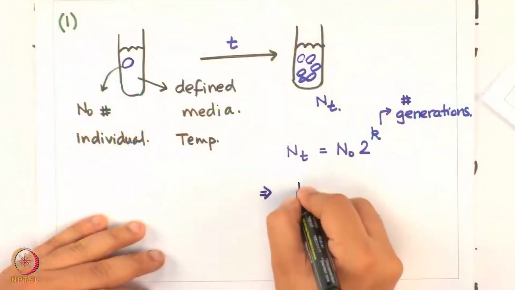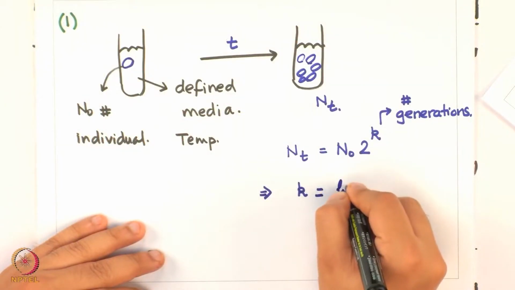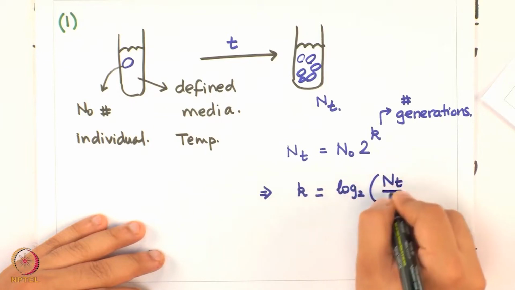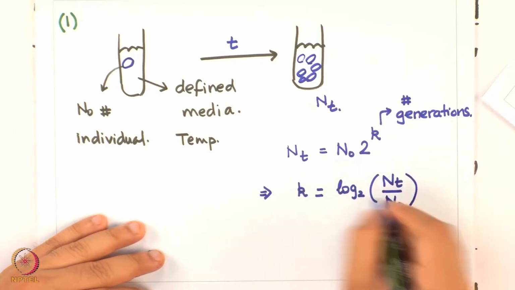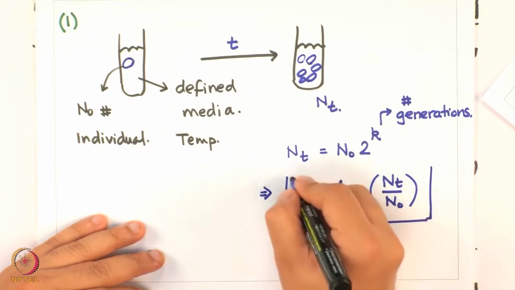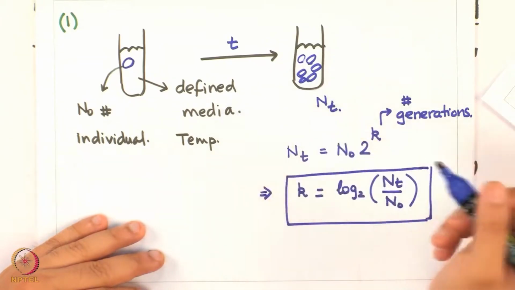And you can just manipulate this a little bit and get k is equal to log 2 of Nt divided by N0. So, you get the number of generations that the bacterium goes through via division in this time t.